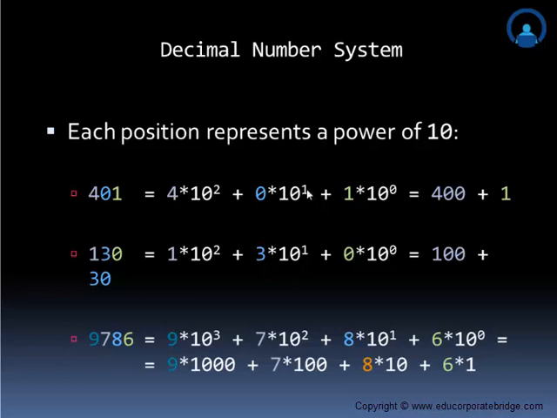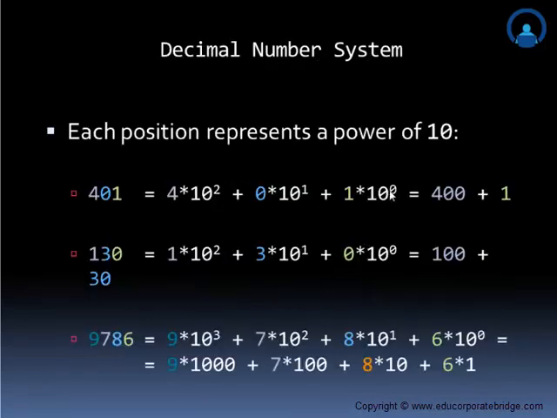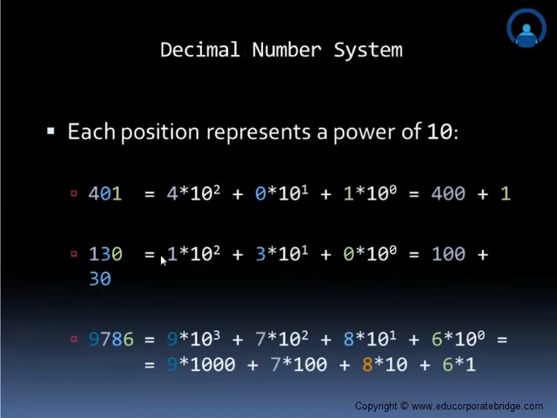Similarly, for this one we have 0 into 10 raised to 1 because this 0 is in the first position. And for 1 into 10 raised to 0, the only reason is 1 is in the 0th position. Hence after addition of all these bits, we get 400 plus 1, which gives 401.